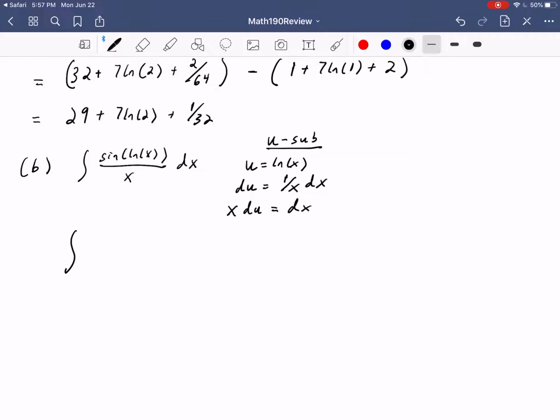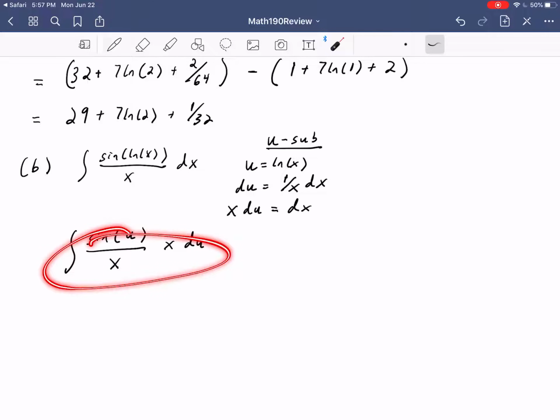So what happens here with our substitution? Well, we have sine of u. We didn't really substitute for x, so we're just going to keep that as an x down there. And then this dx now becomes this x du. Now, this step right here is sometimes referenced as an intermediate step. This is not an appropriate form to move forward with because you have two different variables present right now, u and x, and you're only integrating with respect to one of them.